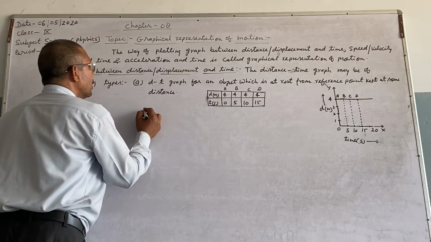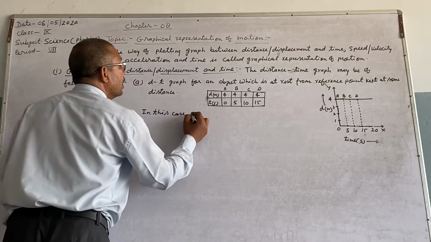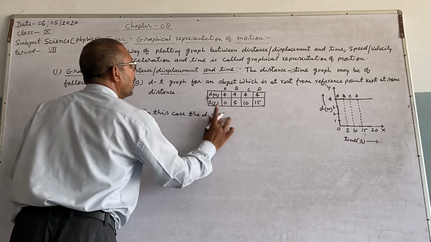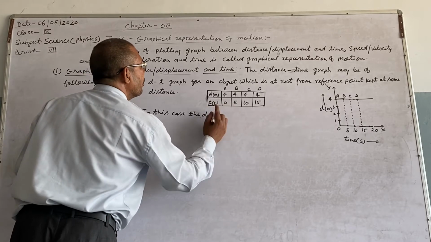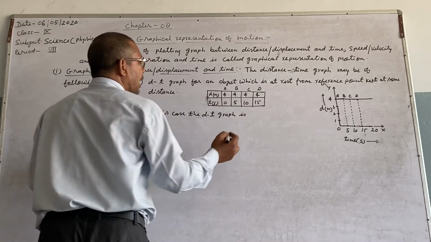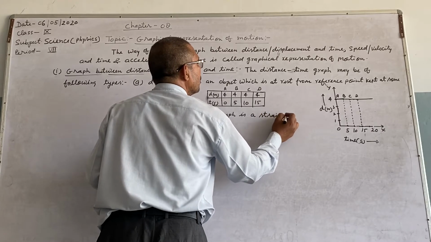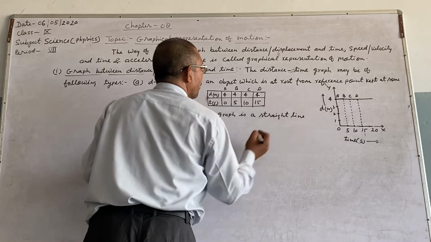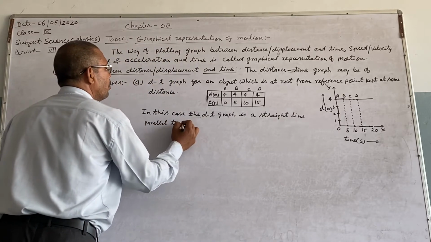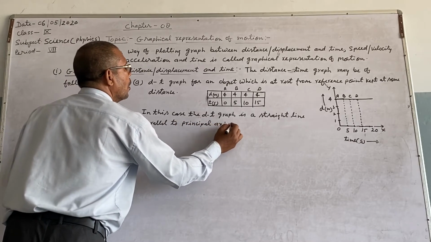In this case, the distance time graph is a straight line parallel to principal axis. Right?